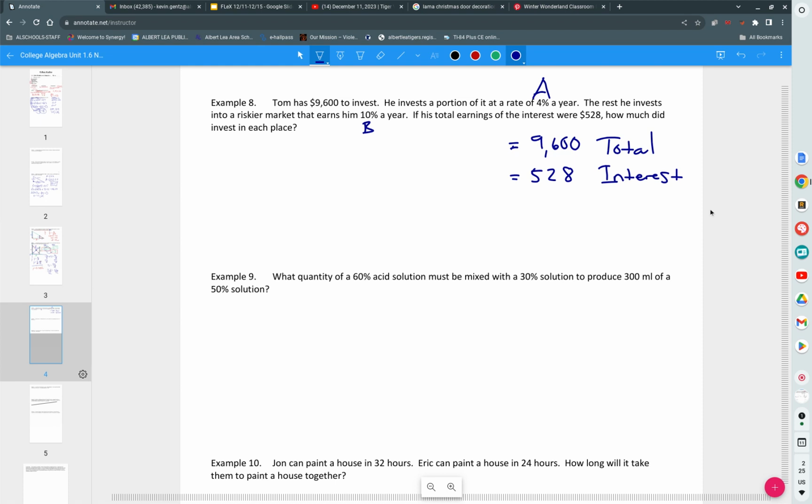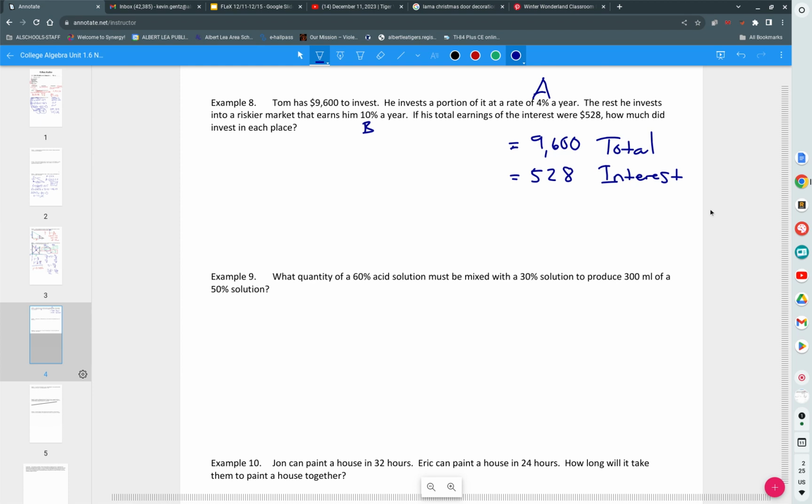So can somebody think of an equation involving A, B, and 9,600? $9,600 equals A times 1.04 to the power of... I think it's just 1 plus B times 1.1. I like the way you're thinking. You're thinking back to our interest rate work, yes? We can make it a little bit simpler than that.